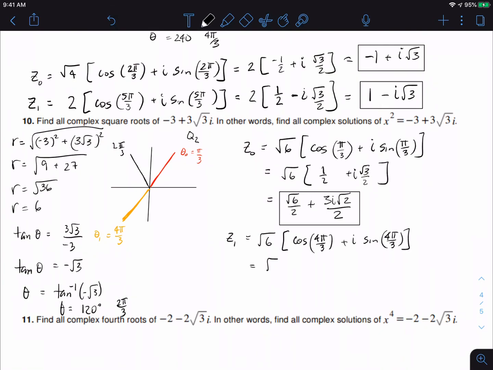So that's going to give me radical 6 times, and since we're in the 4 pi over 3 range, both numbers are going to be negative, so I'm going to have a negative 1/2 minus i radical 3 over 2, which will give me a negative radical 6 over 2 minus 3i radical 2 over 2.